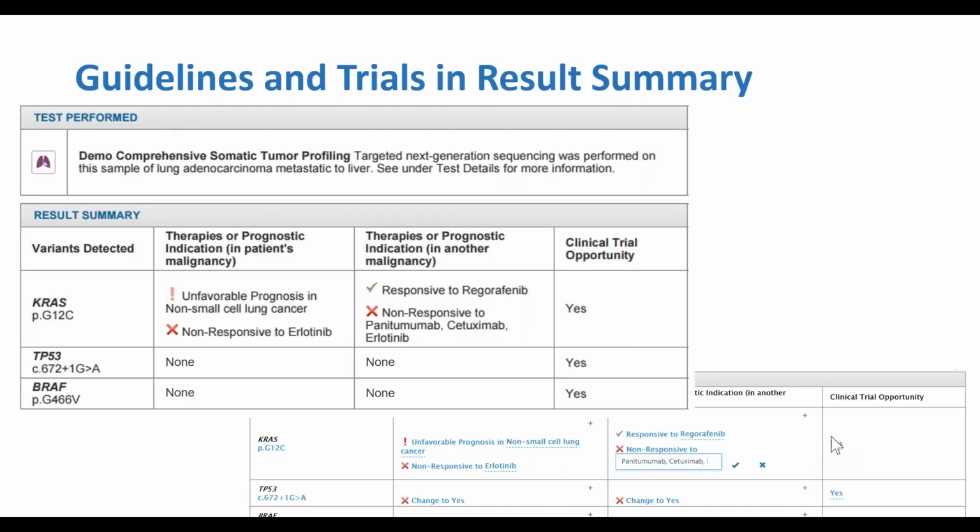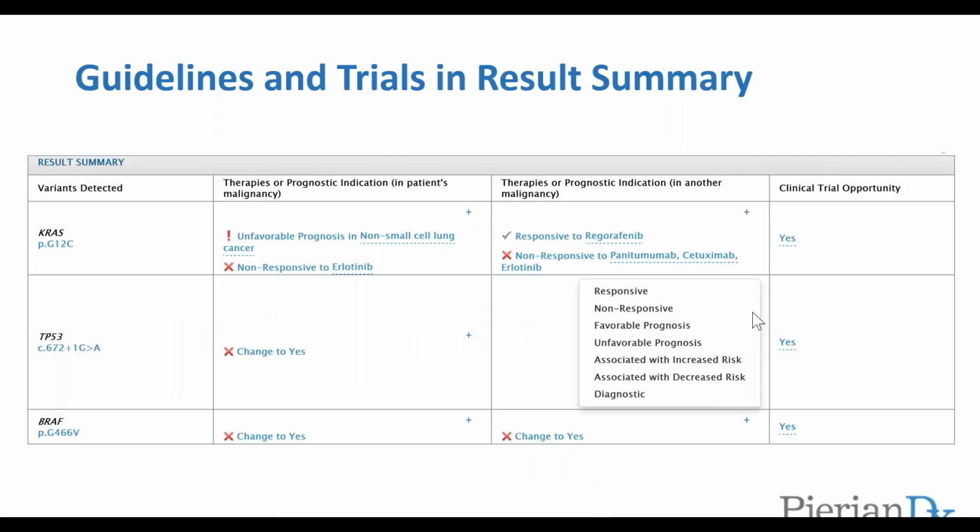The result summary section of the report is intended to give a high-level snapshot of the key findings in the patient's tumor, and this is one of our formats for display of this content, where one can show, essentially corresponding to this column, level 1 variants, level 2 variants, or level 2 related findings.